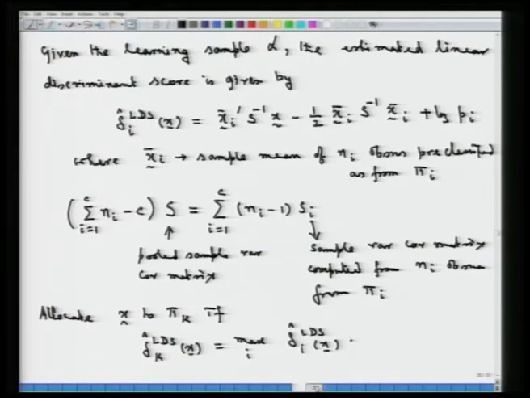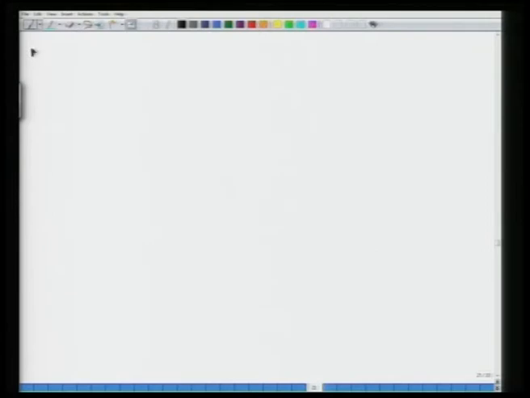And I will just put it as a note that this linear discriminant score can be expressed as a squared distance, actually.